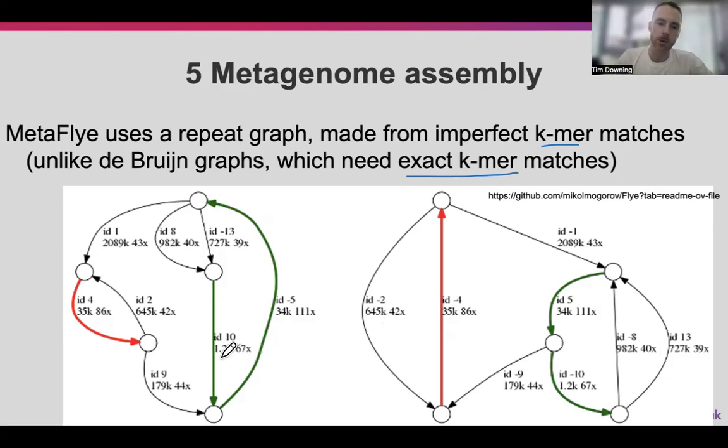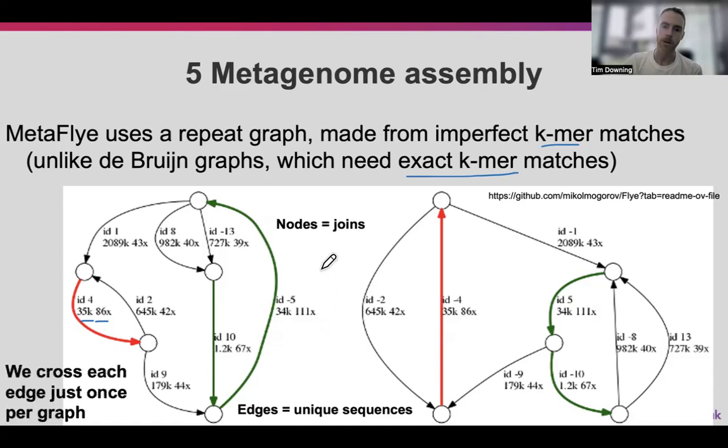And you can see that there are multiple joins here with different pieces of information in terms of the length and the coverage that is present. That coverage information is useful in that the coverage of the different contigs should be similar if they belong to the same organism. So we have these sequences and nodes that are present, and we can traverse. Like any assembly, we just traverse each node in the graph once.